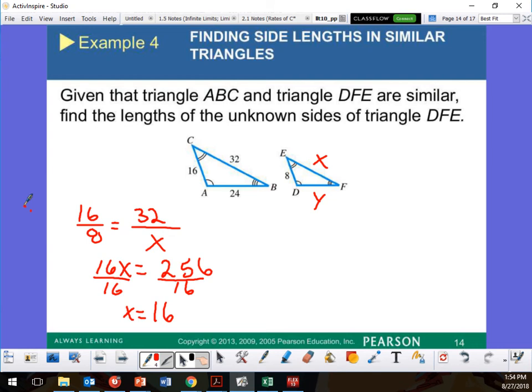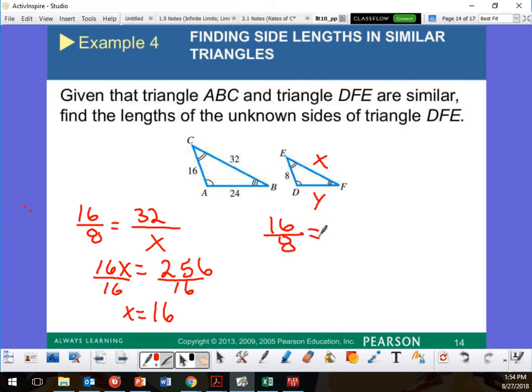How am I setting this up? 16 over 8. Very good, because you start with what you know.